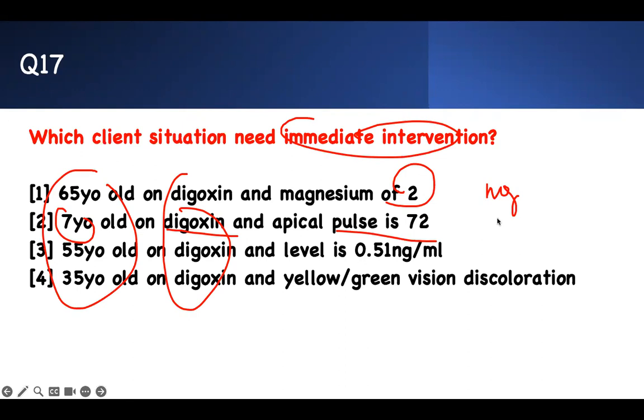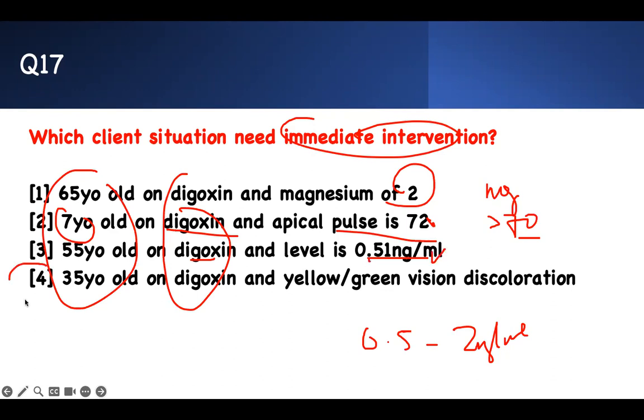For a young child like that, we want the apical pulse to be greater than 70. 72, we're good. 55-year-old, digoxin, level 0.51. We want 0.5 to 2 nanograms per milliliter. This is normal.